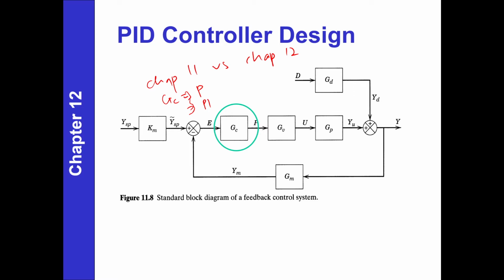So the transfer function of GC is already decided to be either P or PI. As compared to this chapter, chapter 12, where we actually want to determine what GC is, based on GV, GP, GM, or also GD. So that is the difference. I really hope that you can differentiate between chapter 11 and chapter 12 and don't get confused.